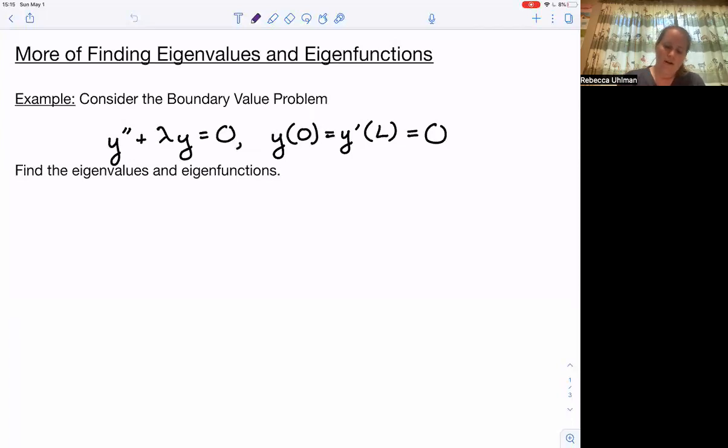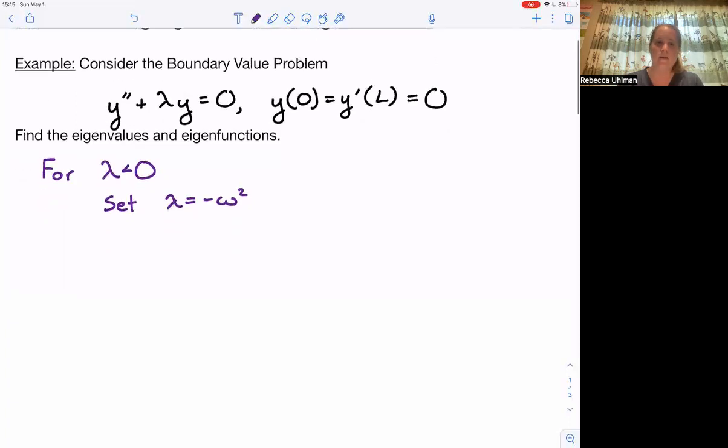So let's go ahead and start off with lambda less than 0. For lambda less than 0, we'll set lambda to be equal to negative omega squared. And we are looking at y double prime minus omega squared y is equal to 0.